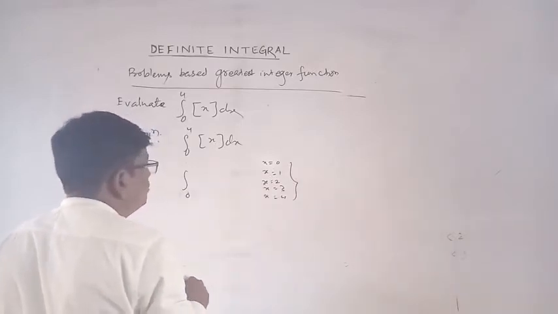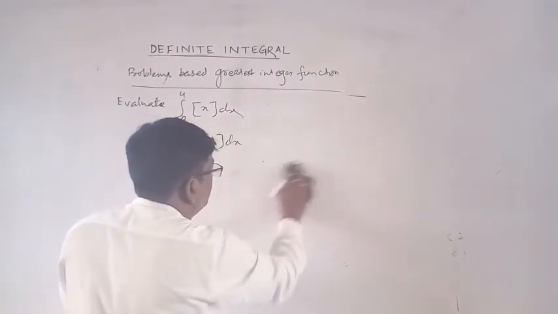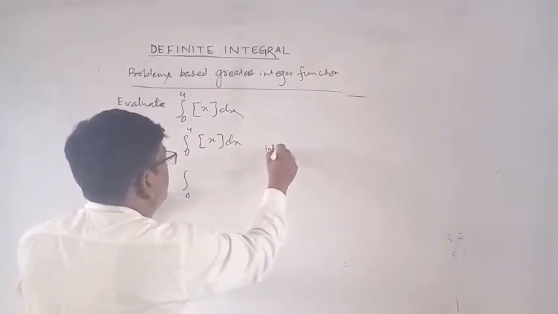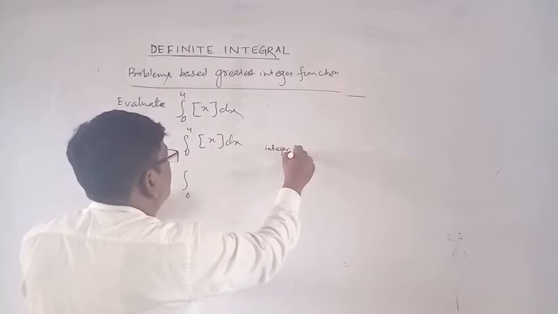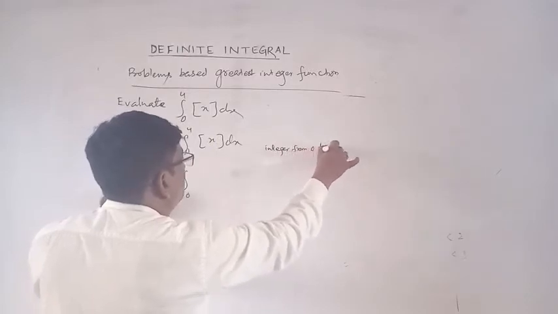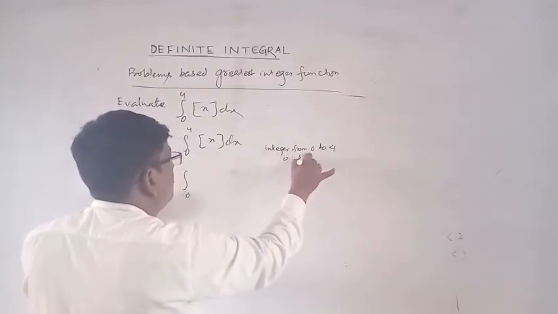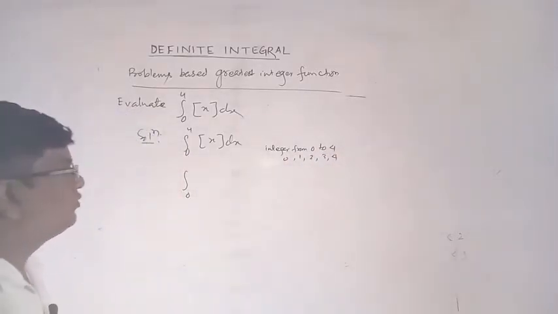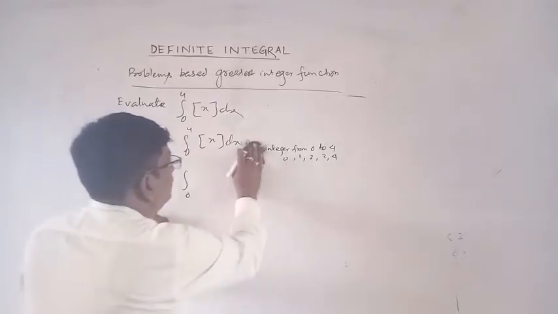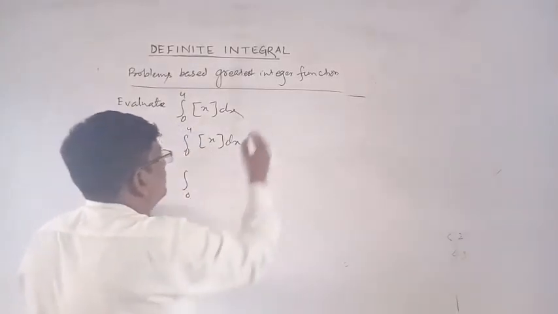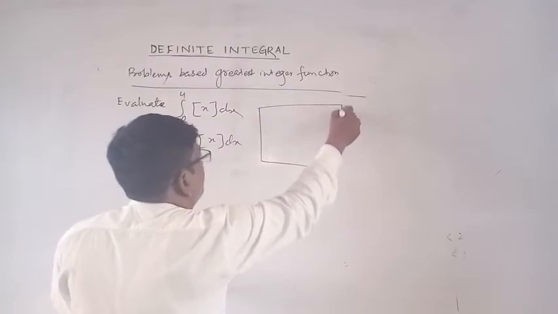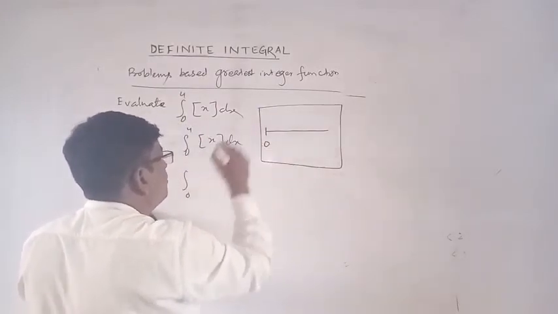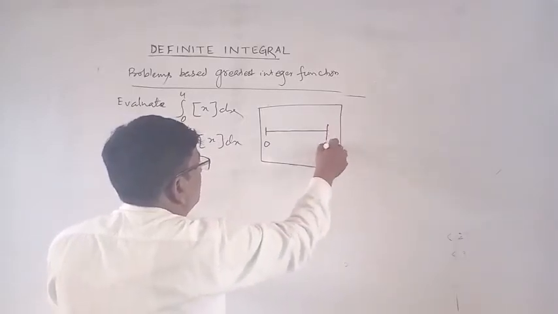Which integers are inside 0 to 4? The integers from 0 to 4 are 0, 1, 2, 3 and this is 4. Break this. The first limit is 0 and the last is 4.